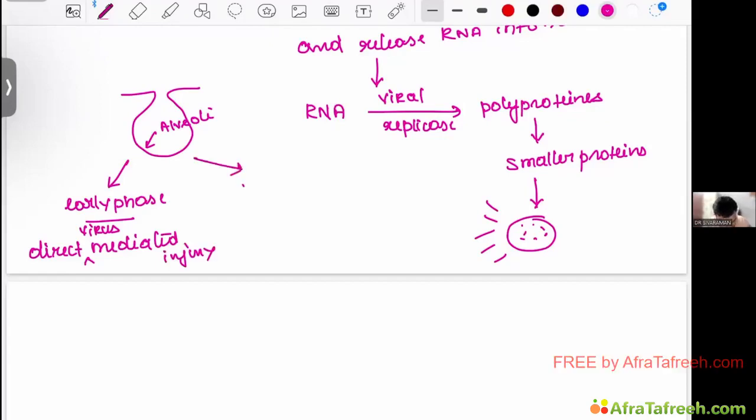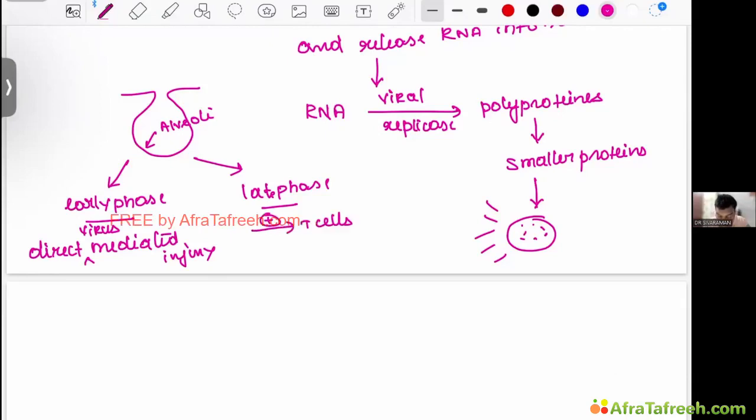In the late phase, it is going to trigger an immune response where there is going to be stimulation of the T cells. When T cells are stimulated, it is going to cause release of cytokines.